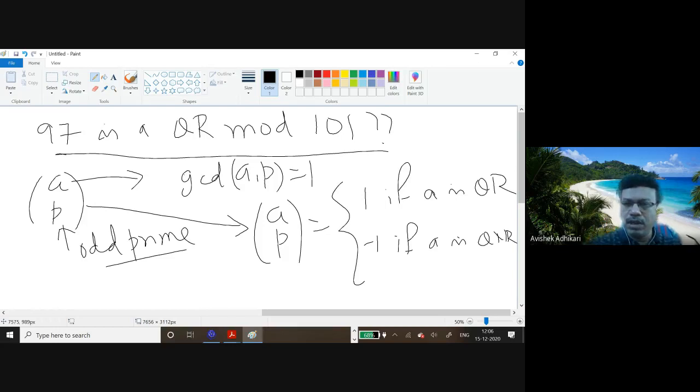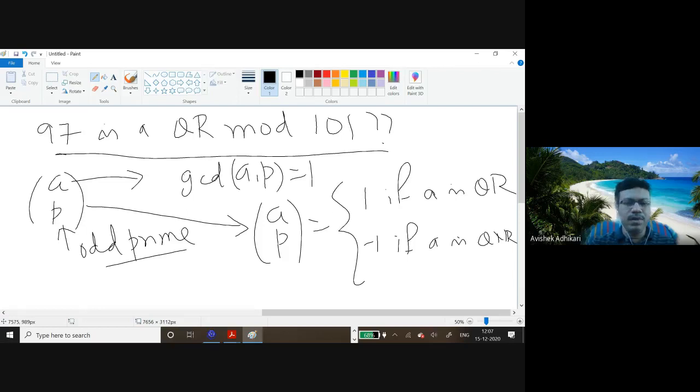Now, even if we can define this Legendre symbol, we are not in a position to exactly compute this (a/p).